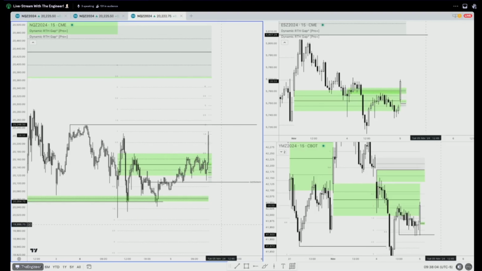I really love the community, because we have so many different perspectives of how we read price, and I think that one is better than the other.